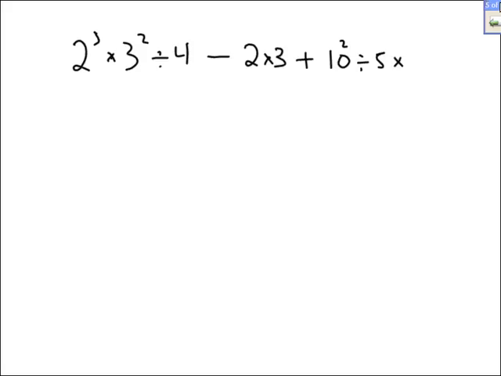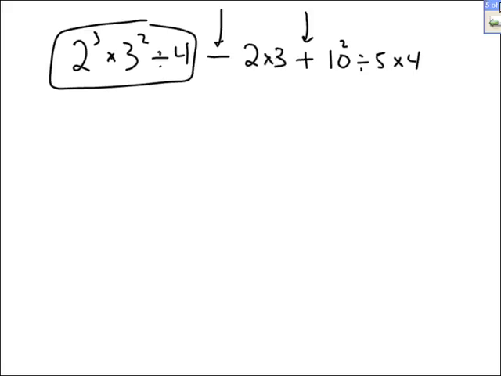You have 2 cubed times 3 squared divided by 4 minus 2 times 3 plus 10 squared divided by 5 times 4. The terms are separated by addition and subtraction symbols.